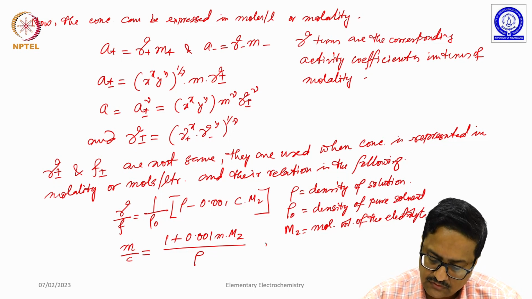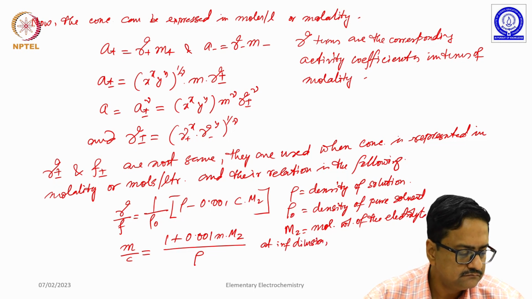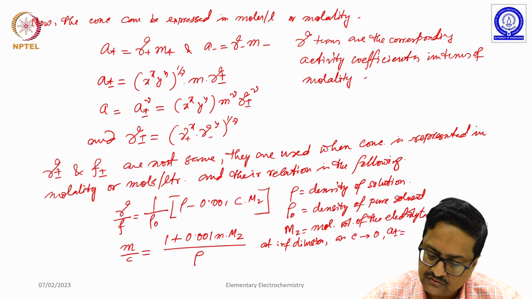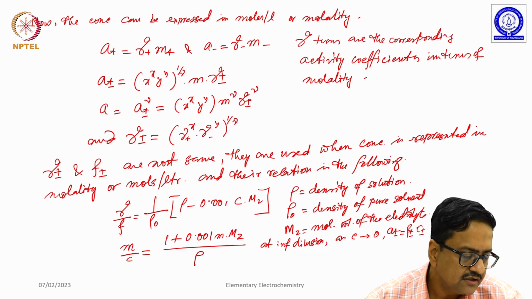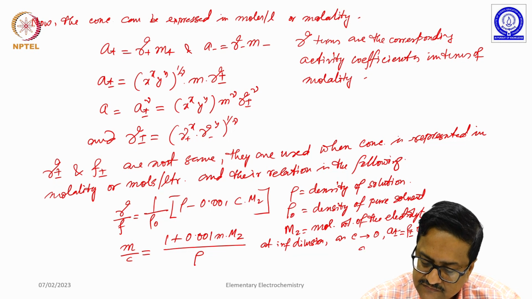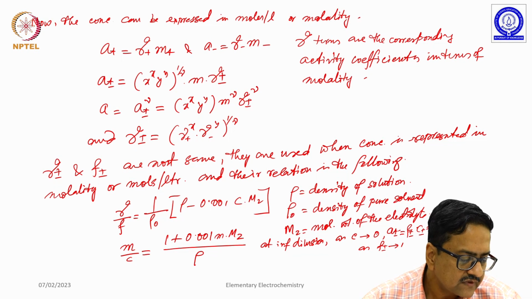So, at infinite dilution, as C tends to 0, A plus minus is equal to F plus minus into C plus minus, which is equal to C plus minus, as F plus minus also tends to 1.